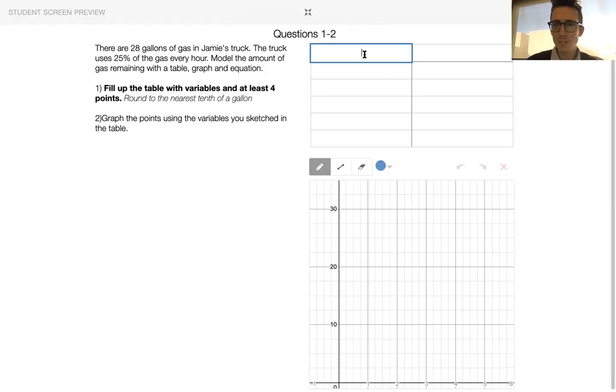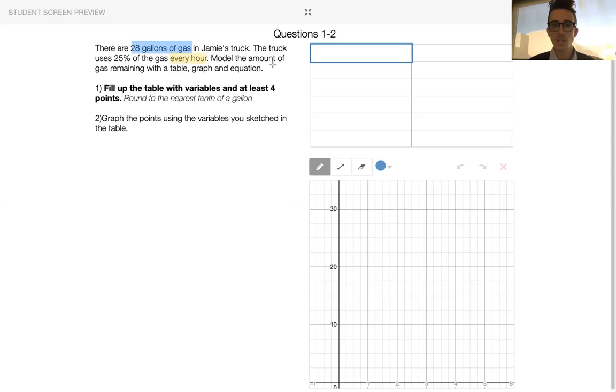So what do you think is being measured here? What are the two variables? What's changing? Hopefully you're saying that the gallons of gas is changing in comparison to the hour.